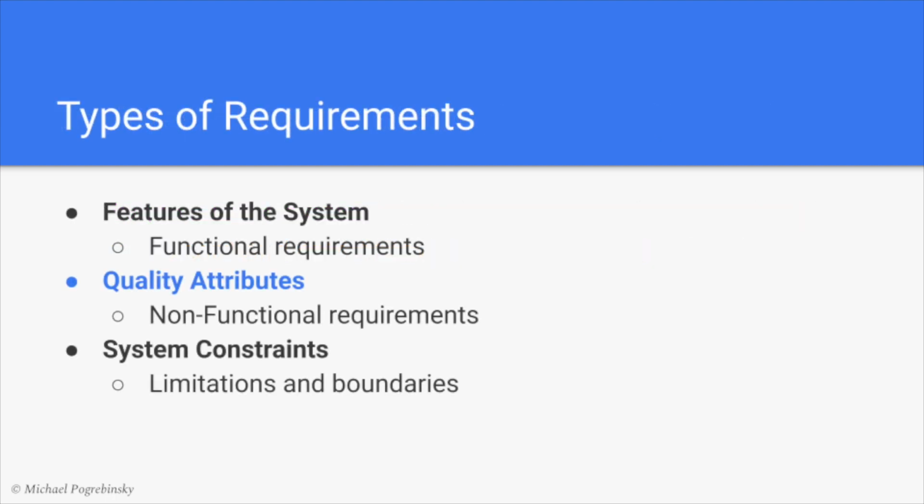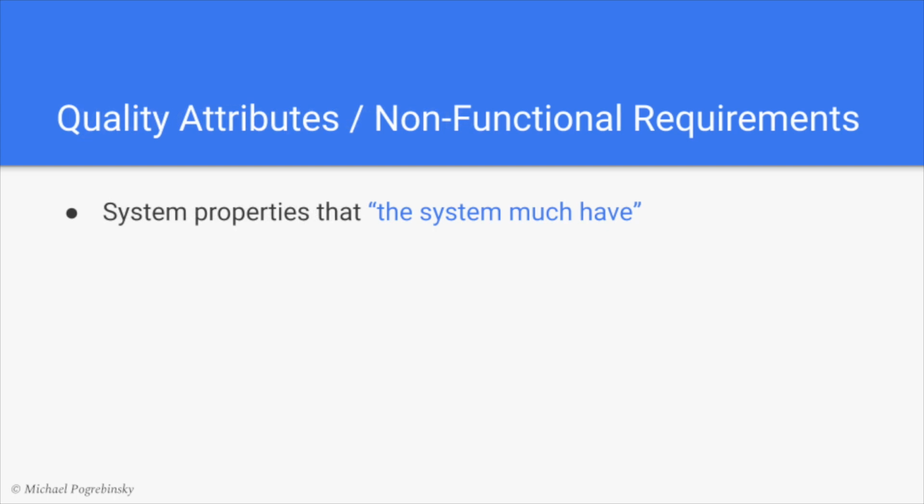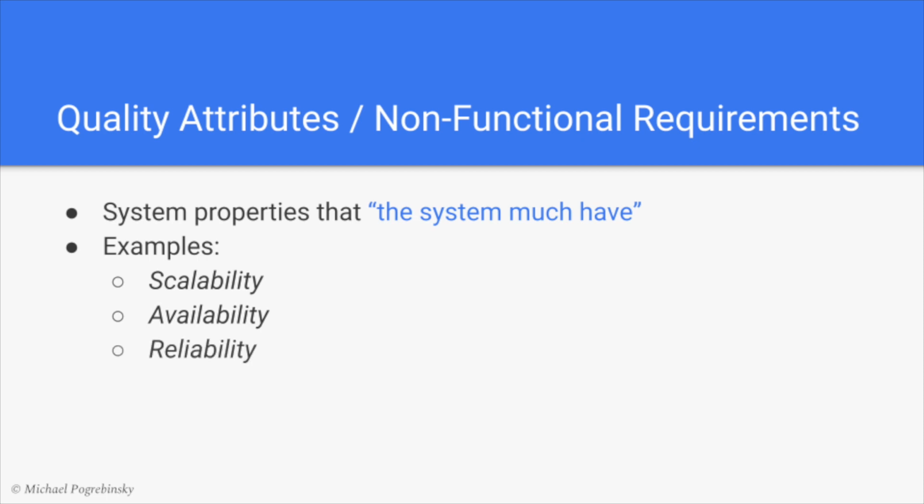Now let's talk about the second type of requirements, the quality attributes or non-functional requirements. The quality attributes are properties that the system must have as opposed to what the system must do. Examples of such qualities include scalability, availability, reliability, security, performance, and this list can go on and change depending on the system.